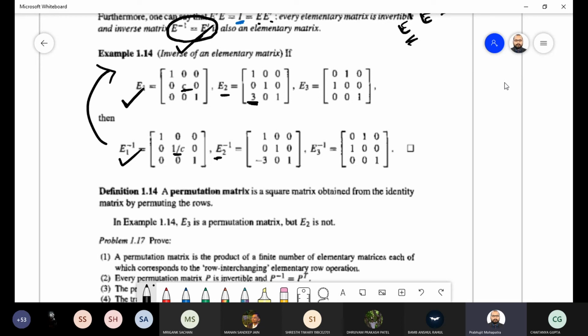So what will E2 dash do? It will do the subtraction from that row. Here 0 was there; if you do the subtraction, then you will have minus 3. Exactly the reverse action. I mistakenly said 1 by 3 at that time. No need to do 1 by 3. Just do the subtraction and you will get your identity matrix.